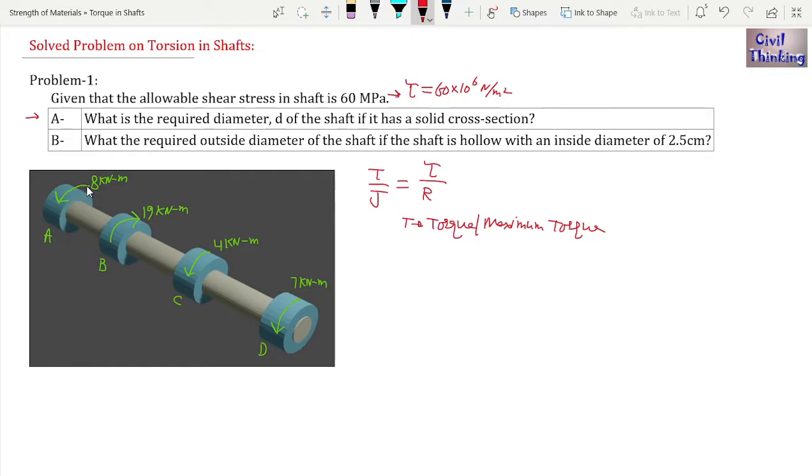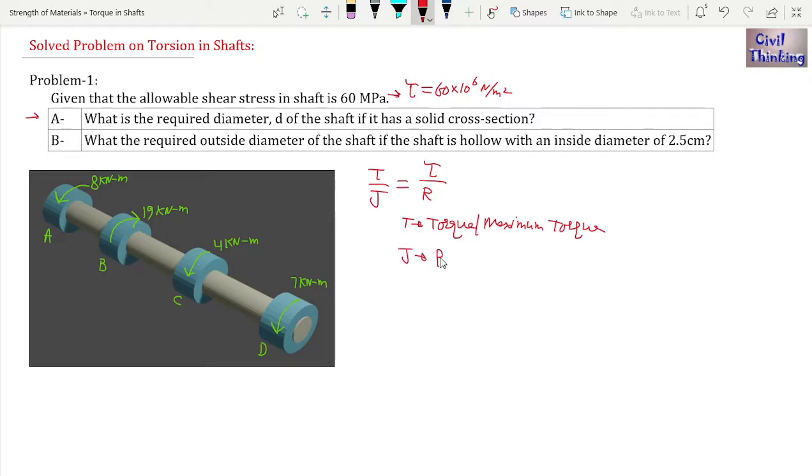You can see here 8, 19, 4, 7, but please keep in mind you cannot say which is the maximum just by looking. This torque is the internal torque, and we have to find the maximum torque using a diagram which we call the torque distribution diagram.